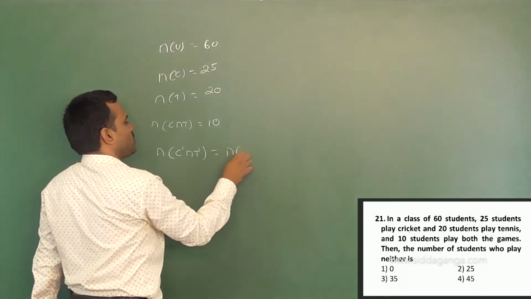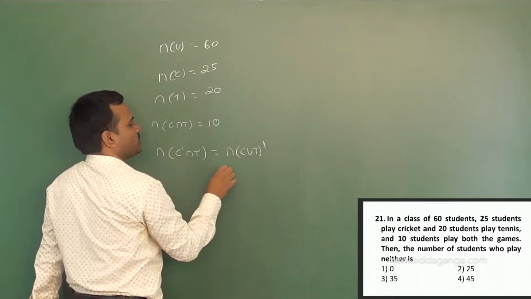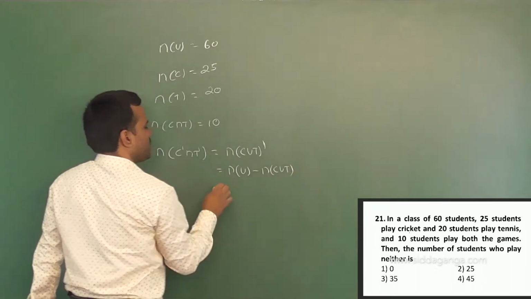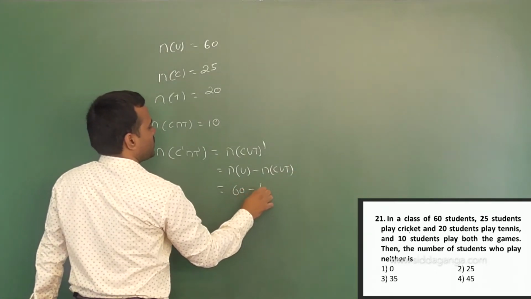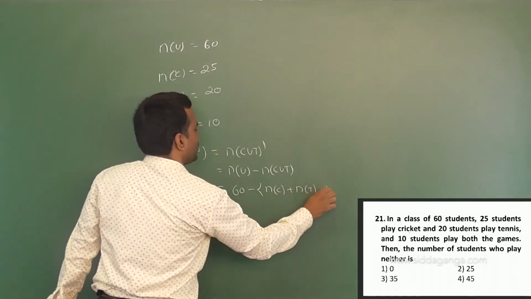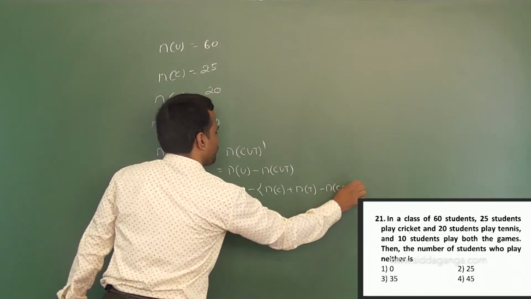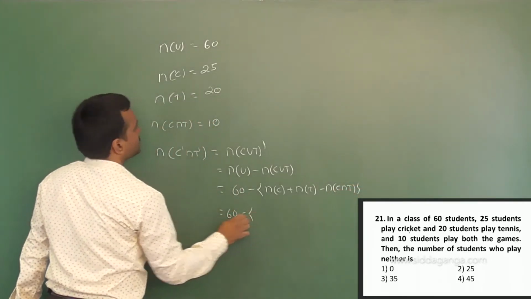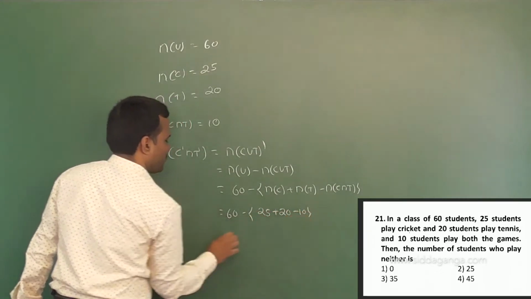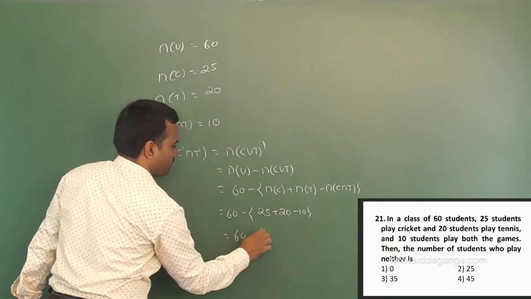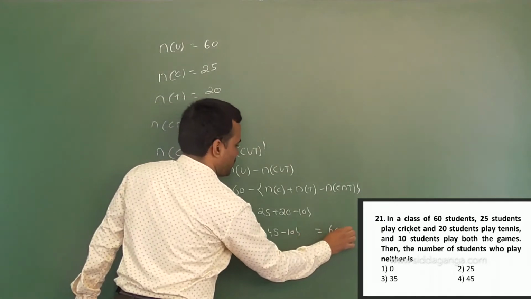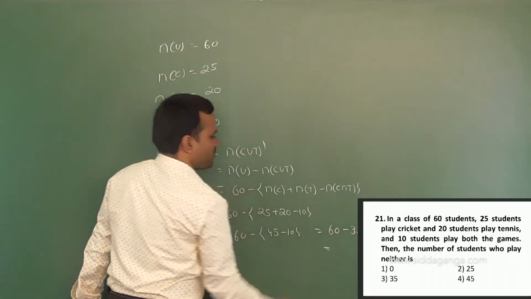According to De Morgan's law, that is C union T whole dash. So N of U minus N of C union T. N of U is 60 minus N of C plus N of T minus N of C intersection T. That is 60 minus 25 plus 20 minus 10. 60 minus 45 plus 10, so 60 minus 35.